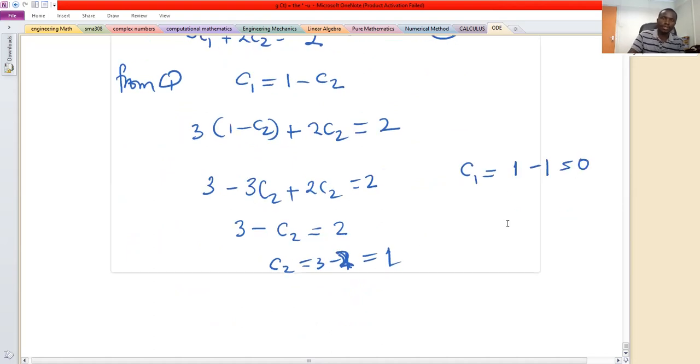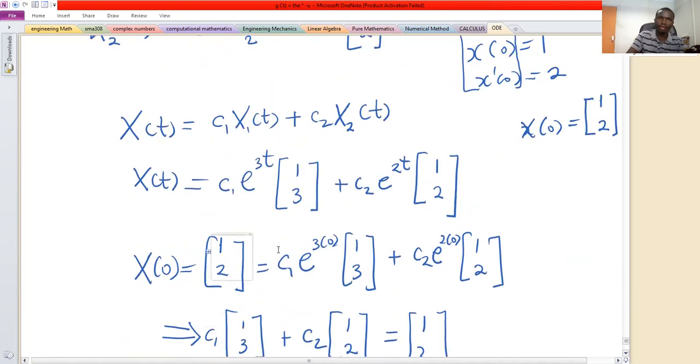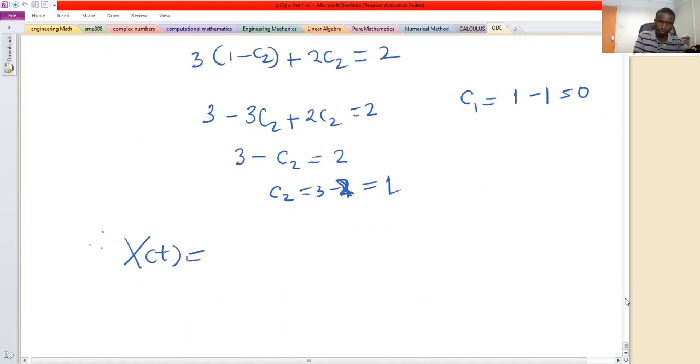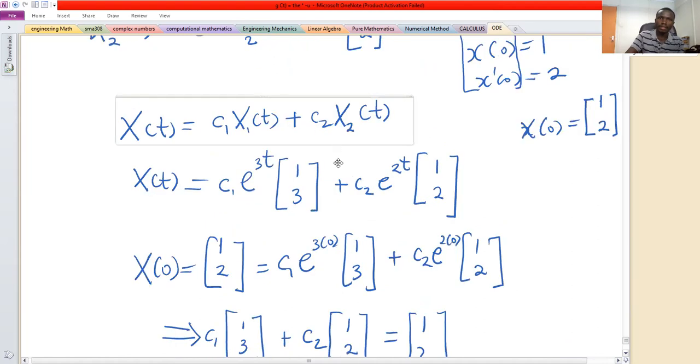So therefore, the solution will be x of t, where for C1 we put 0. So we'll have 0 times e raised to the power 3t times 1, 3, plus 1 times e raised to the power 2t times this other vector, 1, 2.